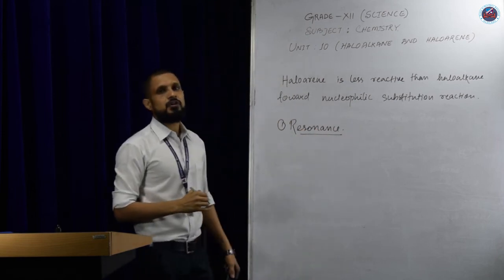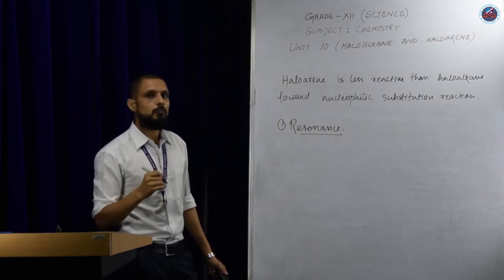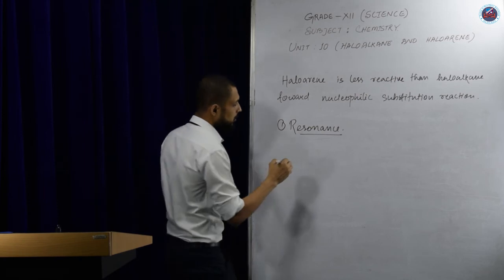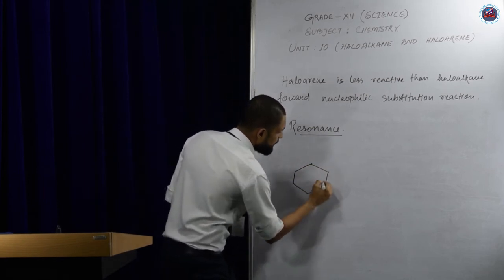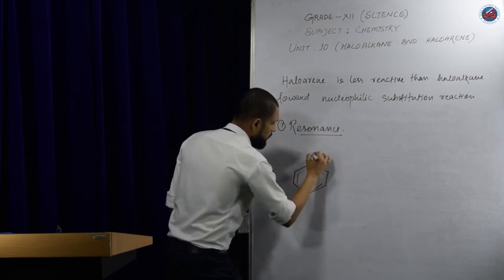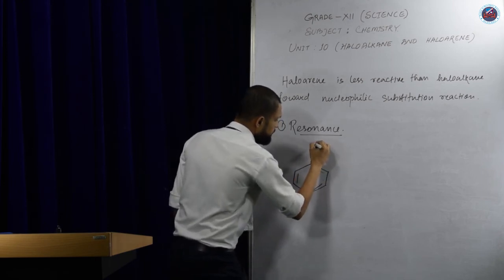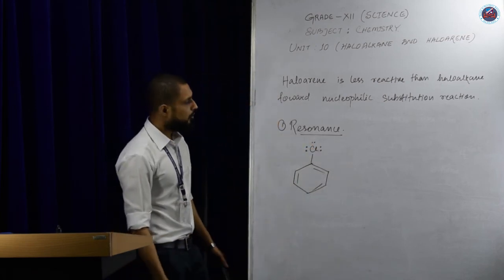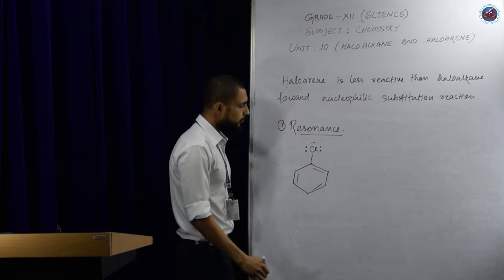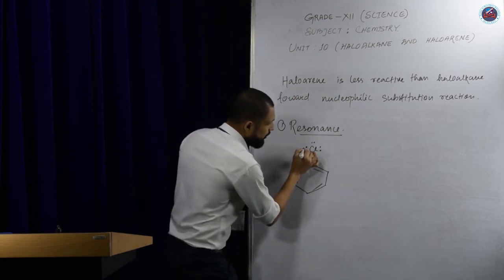Resonance is basically the delocalization of pi electrons. So let us take a haloarene, let it be chlorobenzene. So this is chlorobenzene. Chlorine atom has got 3 pairs of free electrons, so the resonance will start from here.